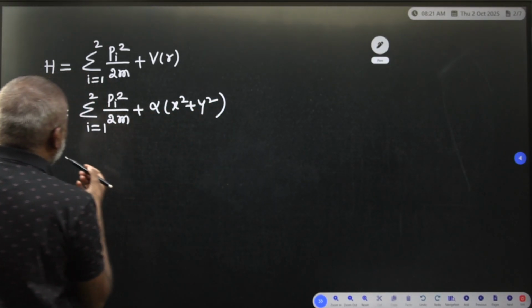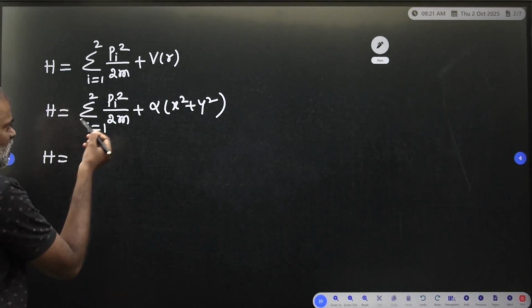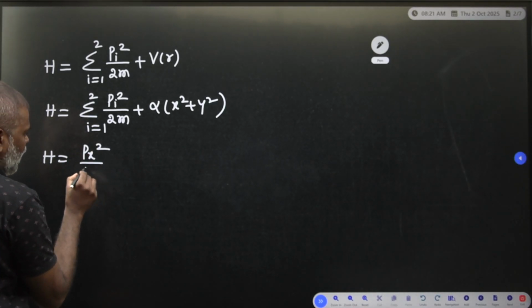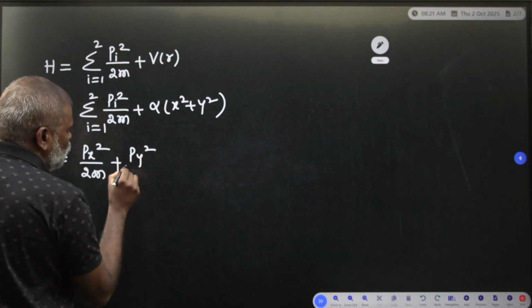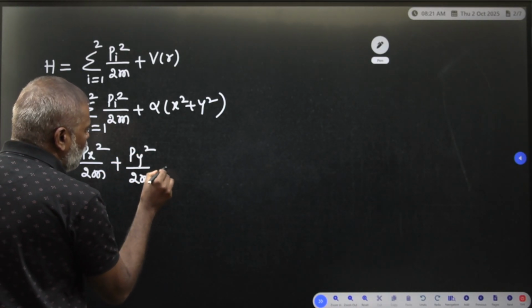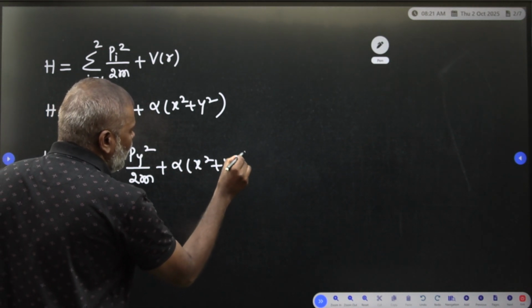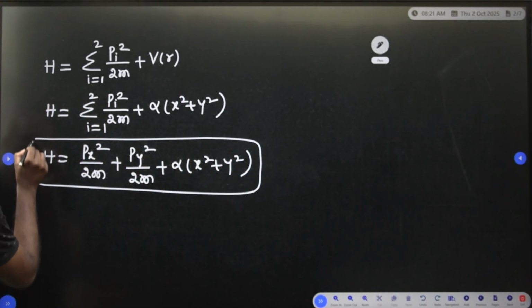Removing the summation, H is equal to p x square divided by 2m plus p y square divided by 2m plus alpha into x square plus y square. This is the corresponding Hamiltonian.